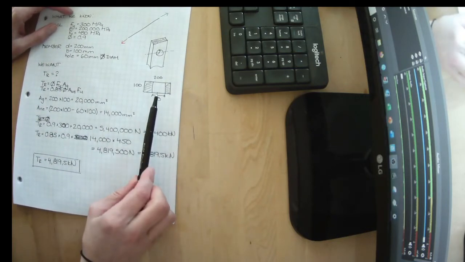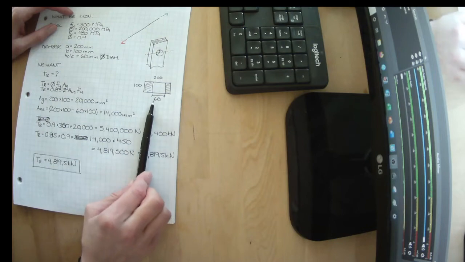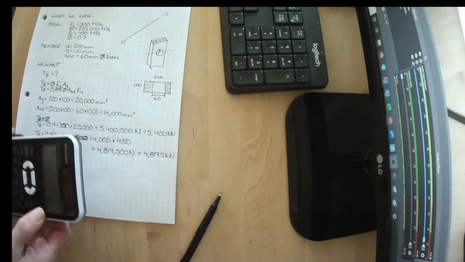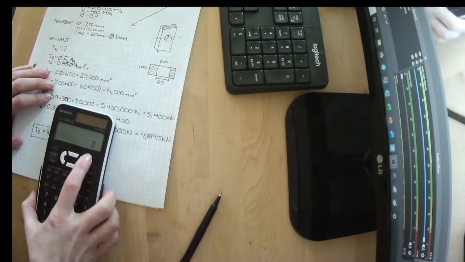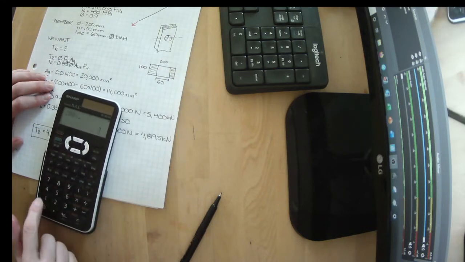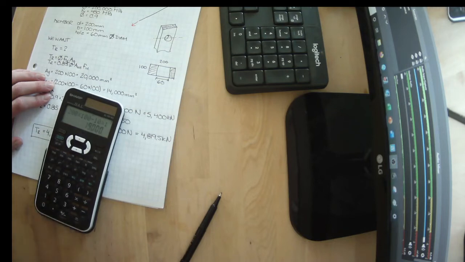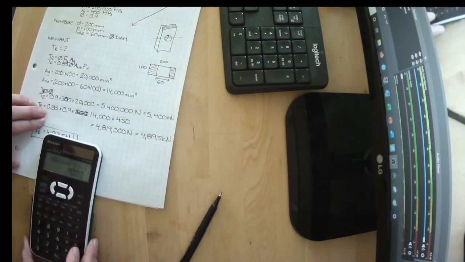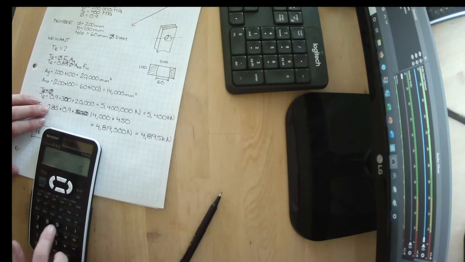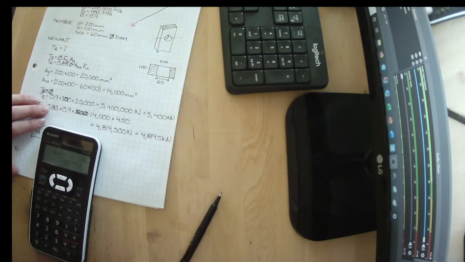If this had been a very small diameter hole, what if it was only 10 millimeters? Let's just plug this in. 200 times 100 minus 10 times 100 is 19,000. Let's try 0.85 times 0.9 times 19,000 times 450.